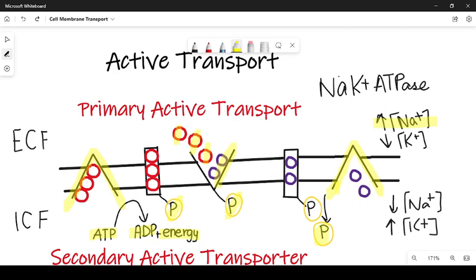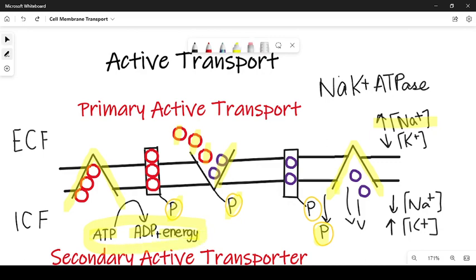By doing so, it releases 2 potassium ions into the intracellular space. So that is how the primary active transporter works. It uses the energy from hydrolyzing ATP directly.